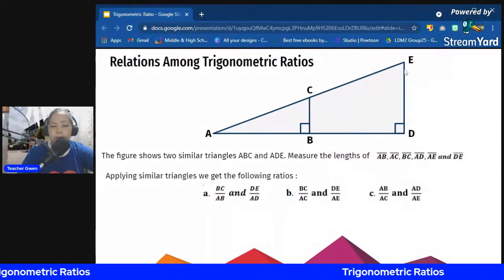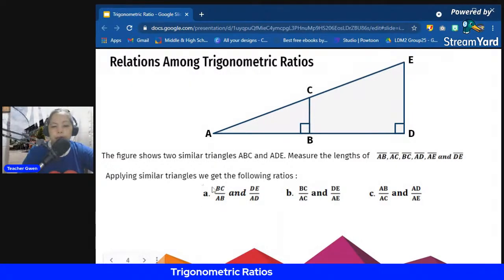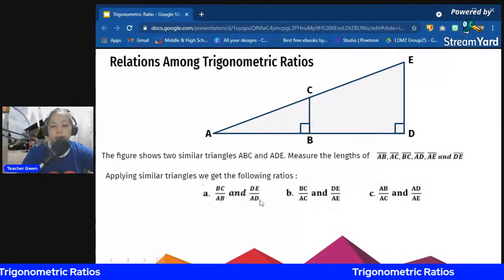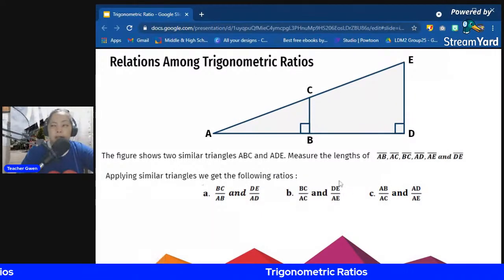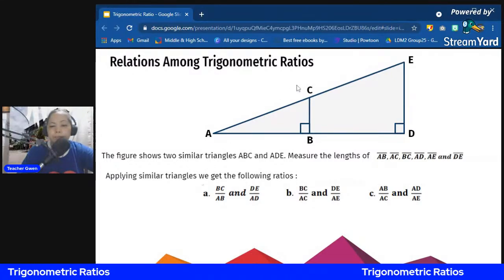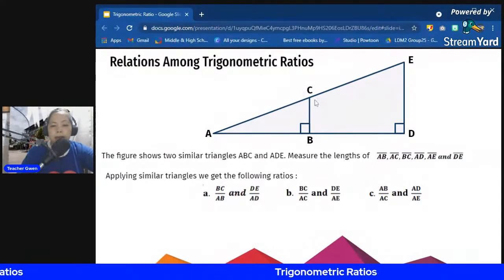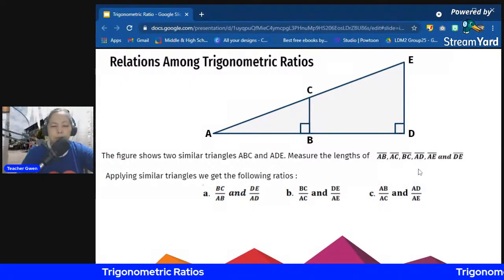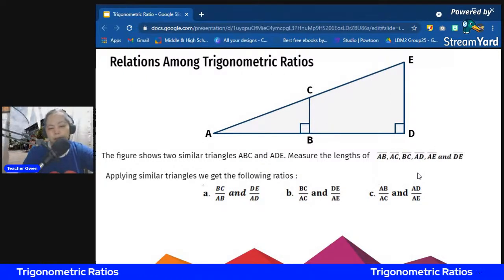Whatever you do on one triangle, you do the same on the other triangle. Next, and last, AB over AC and AD over AE. So what have we learned?